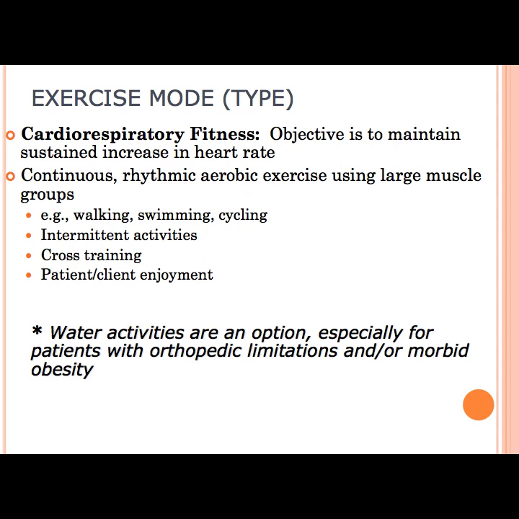It'd be fine for us to actually do intermittent activities as far as starting an activity, doing it for a short period of time, and then picking that up later in the day. We'll take a look at how that timing goes. And then also cross-training is nice if we're trying to build up a whole system instead of just a specificity. And so actually using multiple modes of exercise would be great. And then also make sure to take into consideration the enjoyment that the patient or the client might have.